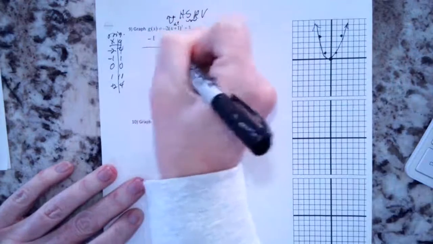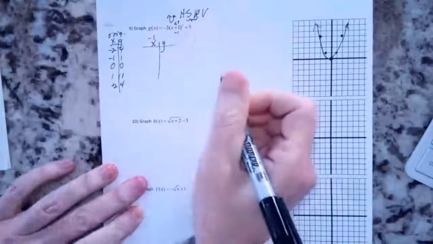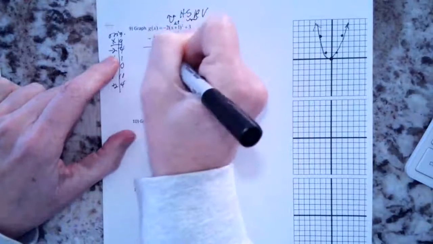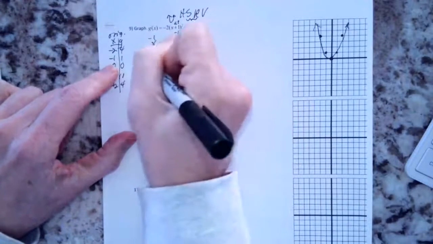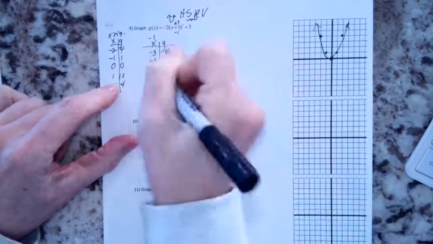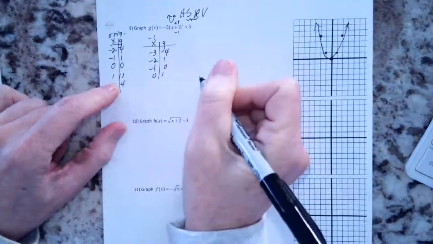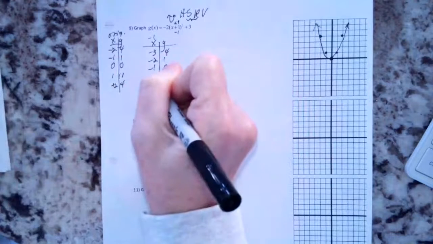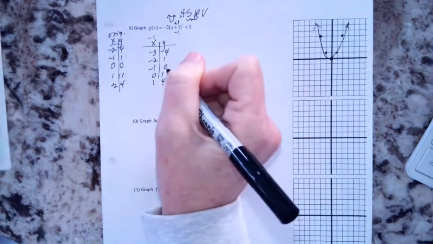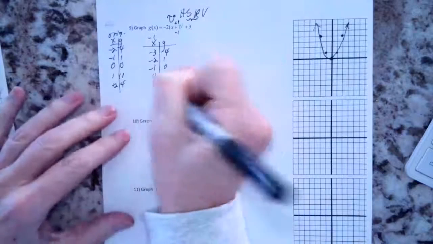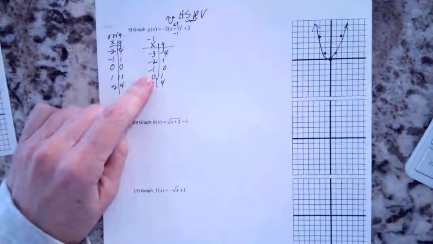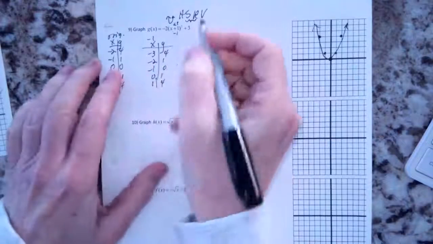So on these 5 points, I'm going to subtract 1 from the x's: -3, 4; -2, 1; -1, 0; 0, 1; and then subtracting 1 again, 1, 4. So there is just the horizontal shift, and that happens on the x-axis, and it's always a liar.